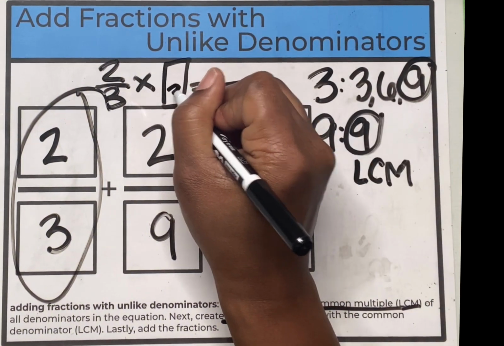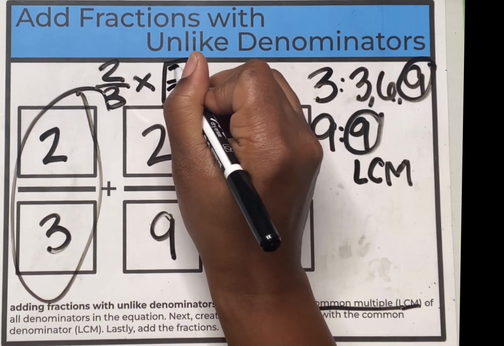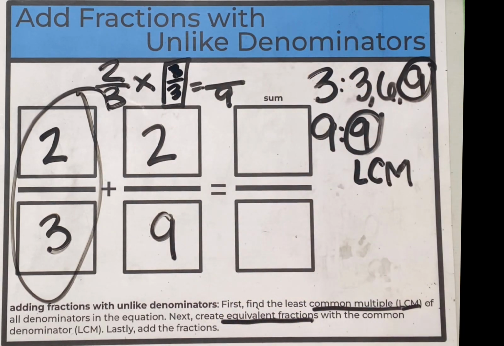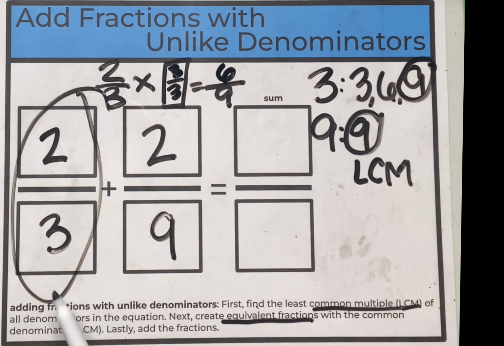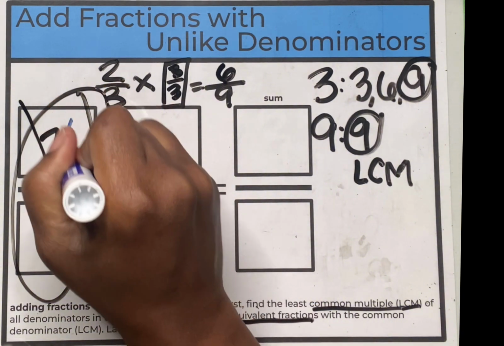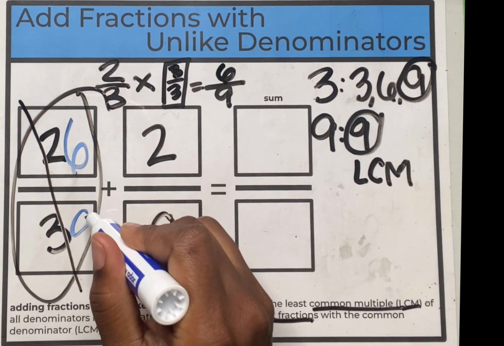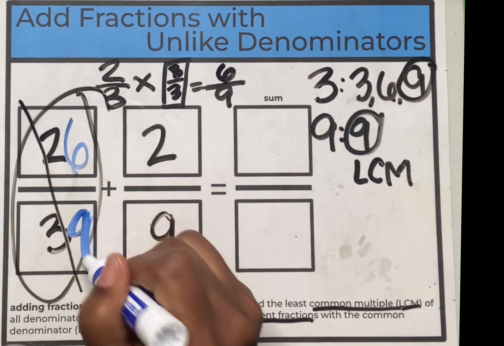Hopefully you said 3. So we're going to multiply by 3 over 3. Now let's multiply going across. 2 times 3 is 6. So 2/3 is now what? Hopefully you said 6/9. Very good. 6/9.